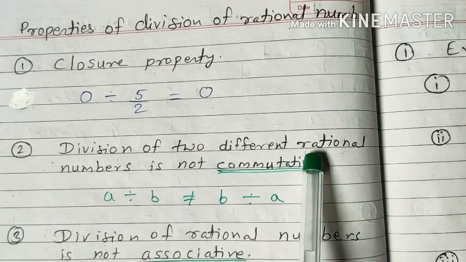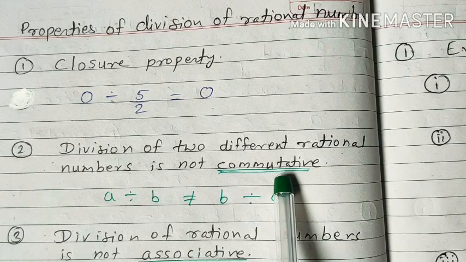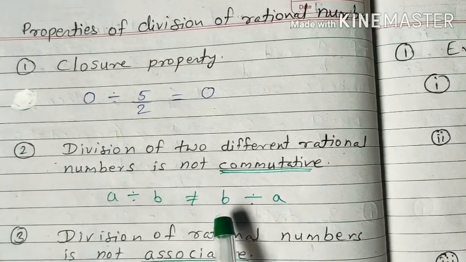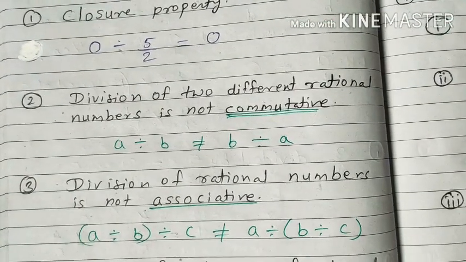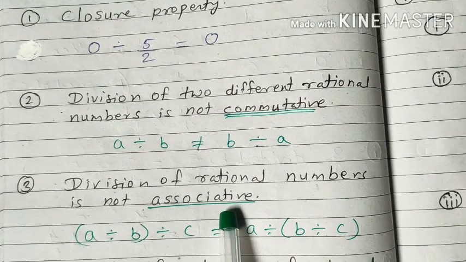Then the second property is commutativity. Division of two different rational numbers is not commutative. That means A divided by B is not equal to B divided by A. Third, division of rational numbers is not associative.